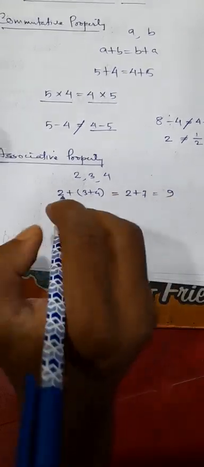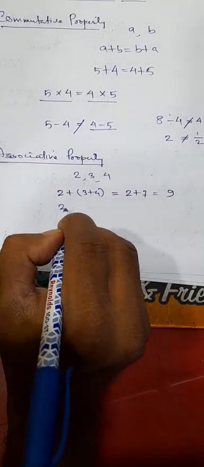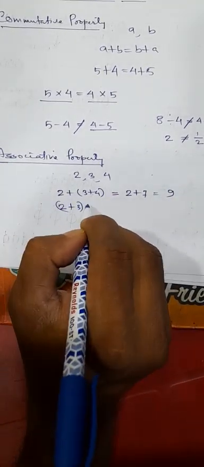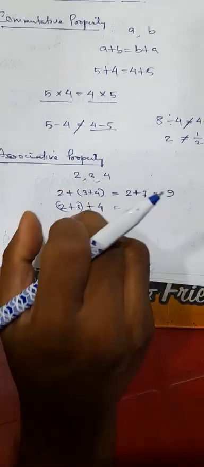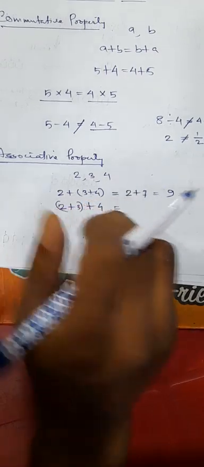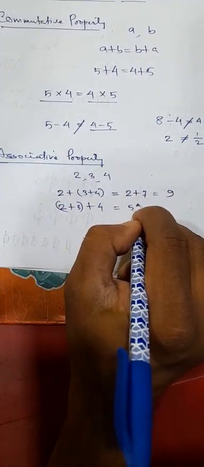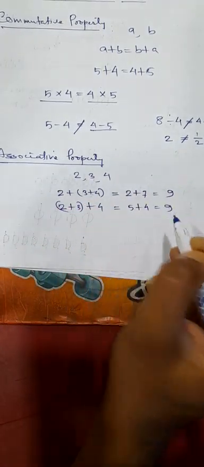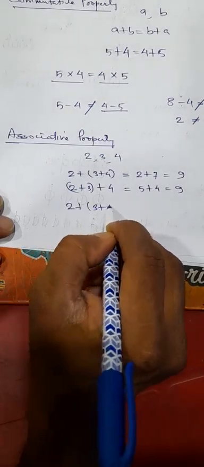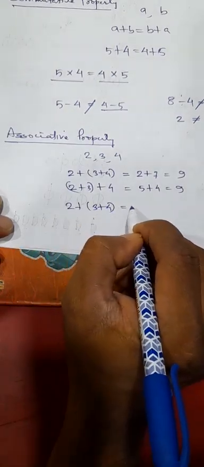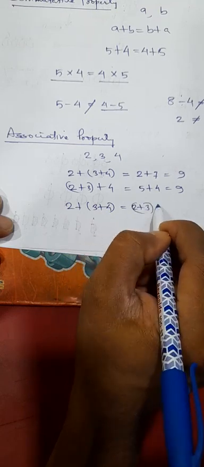Now instead of doing this, we can also do like (2 plus 3) plus 4. Here we will find the sum of the numbers within the parenthesis. 2 plus 3 equal to 5 plus 4 equal to 9. So 2 plus (3 plus 4) equal to (2 plus 3) plus 4.